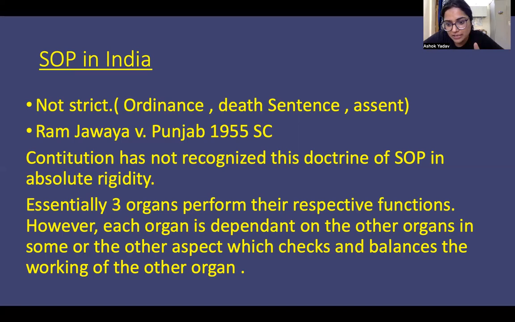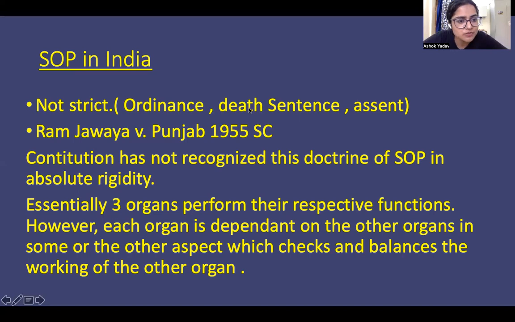Similarly, in the case of death sentence also, the death sentence is given by the courts, but pardoning power has been given to the president. President again is the executive body. So you see that he is able to intervene in the functioning of the judiciary, right? So this is where we see that in India, all the three organs are not independent. They all are interfering in the functioning of each other.